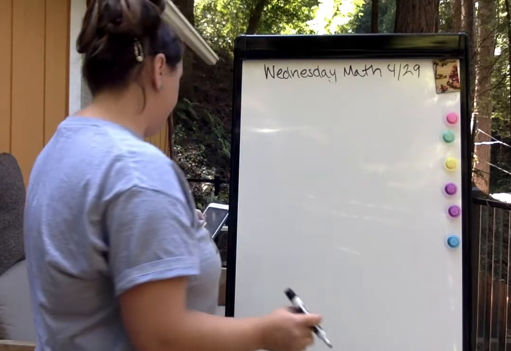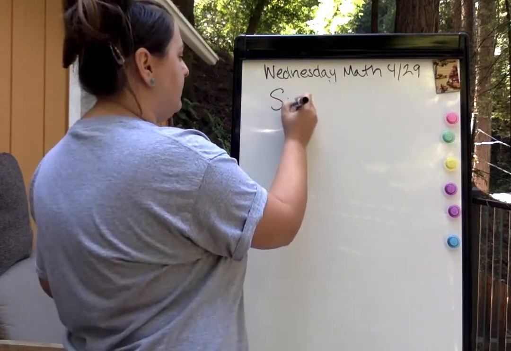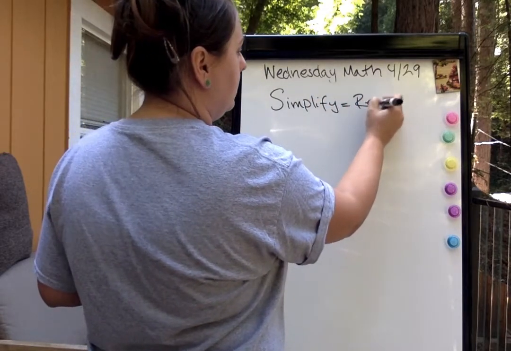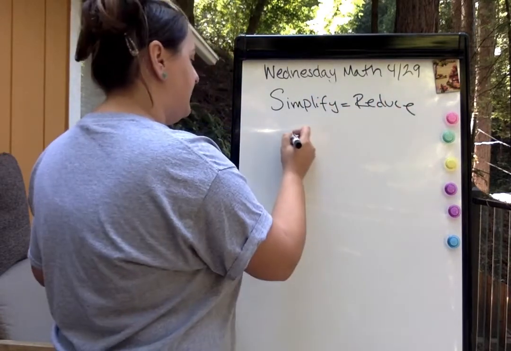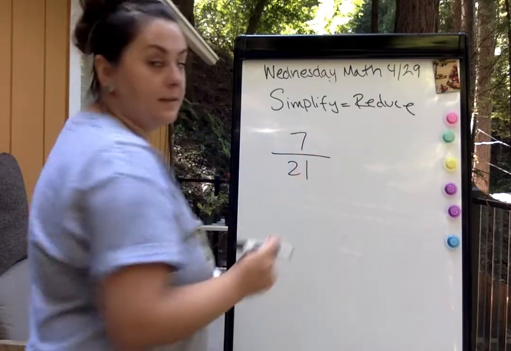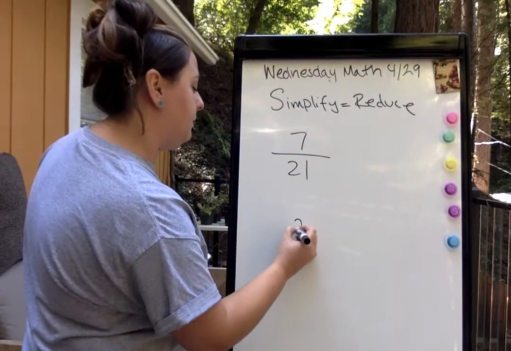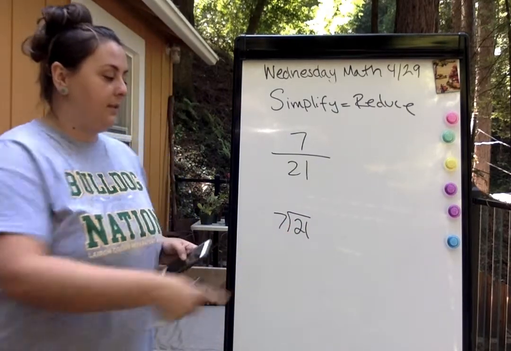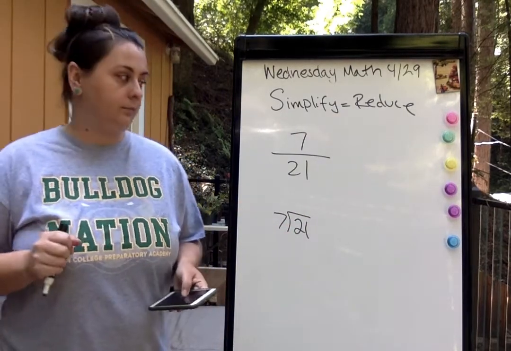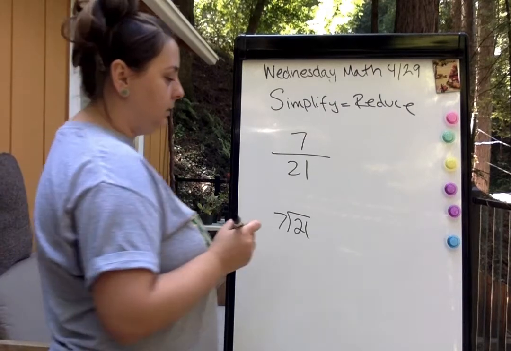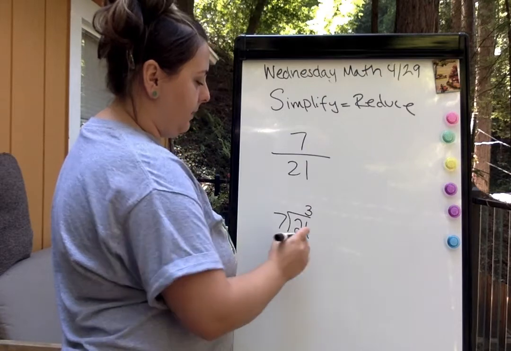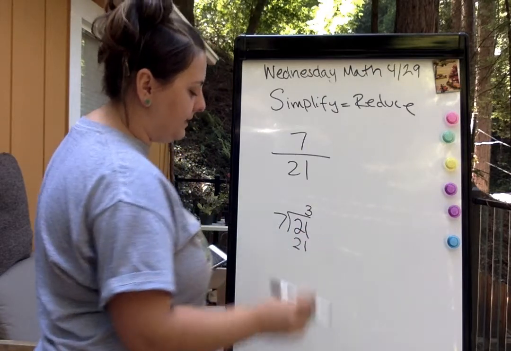Now we're going to simplify this fraction. Simplify also means reduce. 7/21. So this is what you're going to do. 21 divided by 7. You're going to think to yourself, 7 times what equals 21? Well, 7 times 3. Oh, I did this wrong.